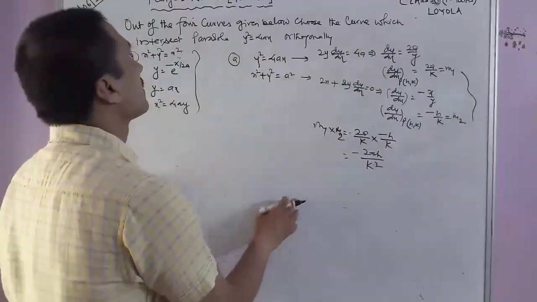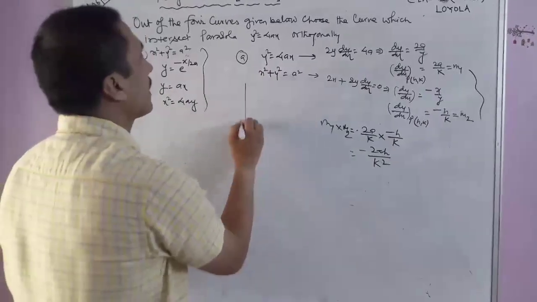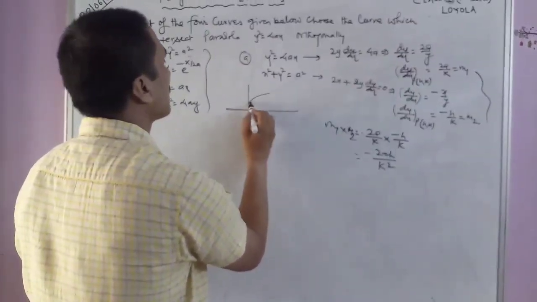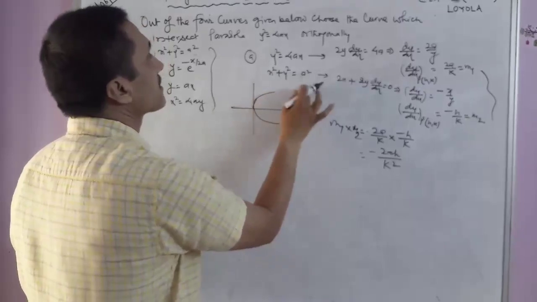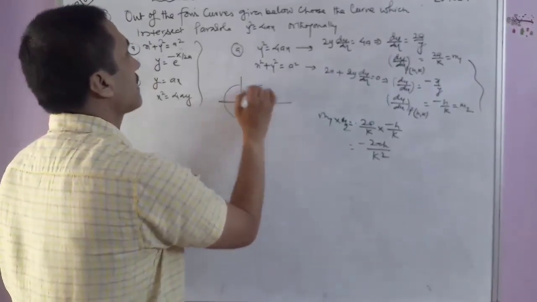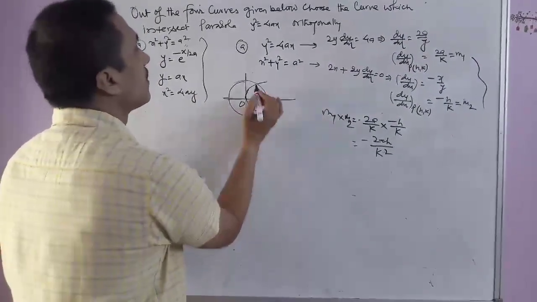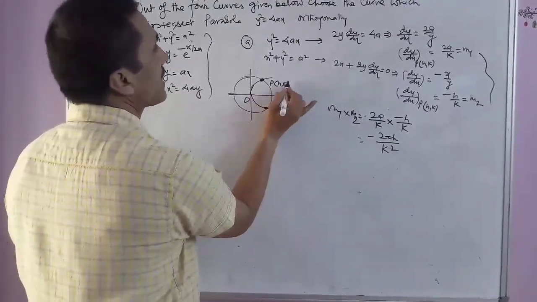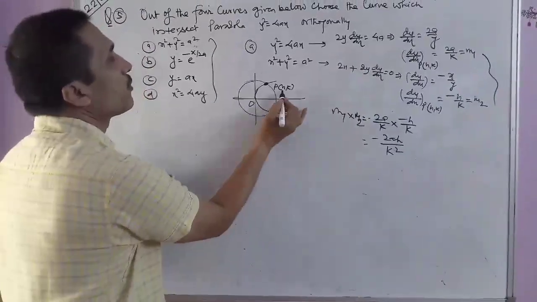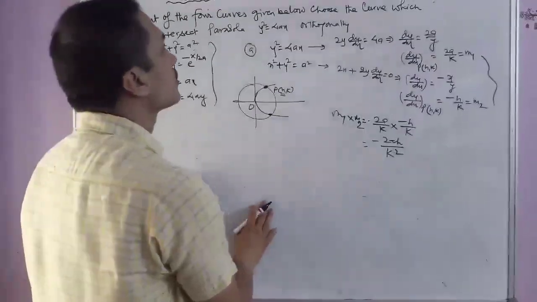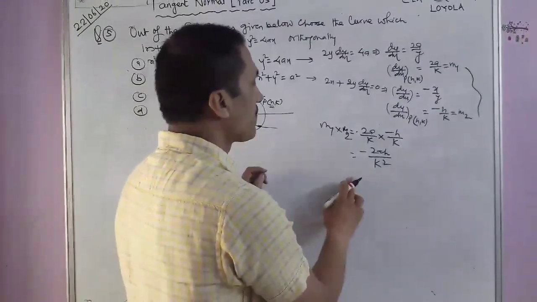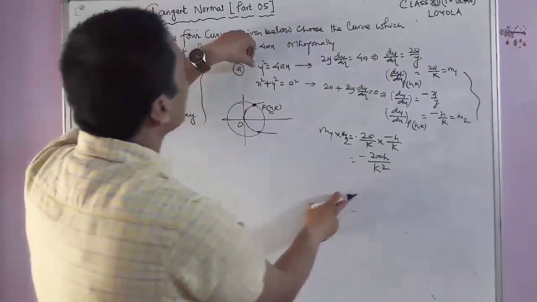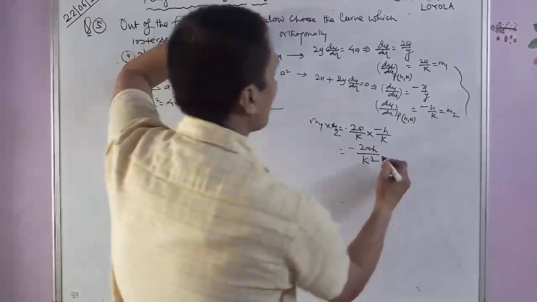Here hk, y square equal to 4ax and x square plus y square equal to a square. This is a circle. Point of intersection of this and this, assuming it P hk. Since point P hk lies on both the curves, so here we use k square equal to 4ah.